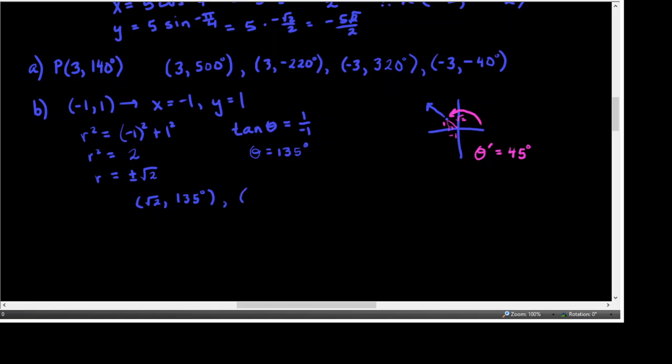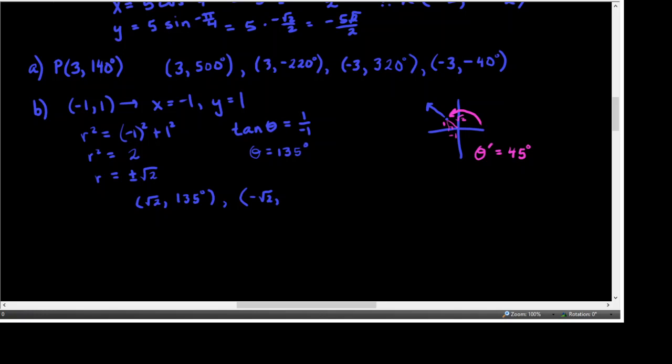If, however, I wanted, and this will happen, I'll ask for one answer where r is positive, one where r is negative. So let's use the negative square root of 2. Well, to do that, I can't use the ray that the point is on. I have to use the one that's actually in the quadrant opposite it, over the pole from it. So to get to that ray that's going through the fourth quadrant, I'd either have to add 180 or subtract 180.